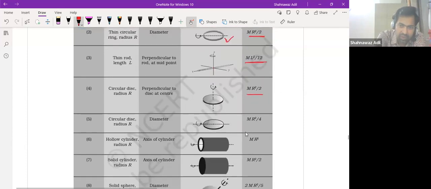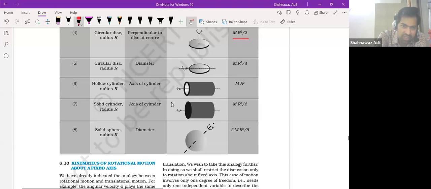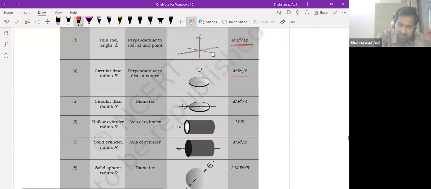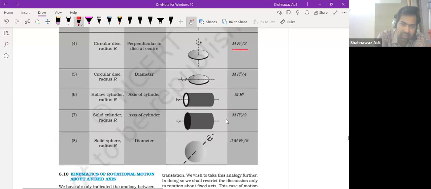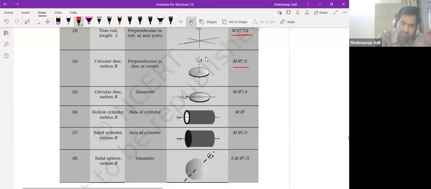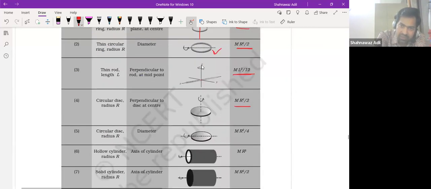You have to remember all these. You have homogeneous, uniform shapes, and you have to remember all these values. These are important, so note down this table somewhere and remember the axis of rotation.